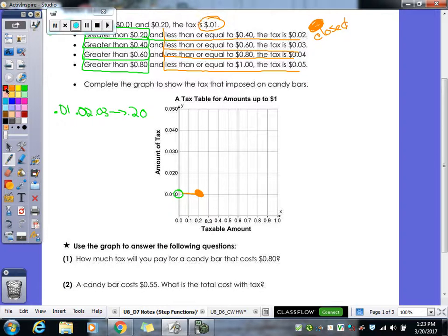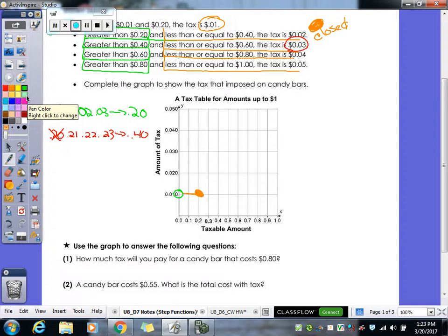The next one, greater than 20 cents, so that means 20 cents, 21 cents, 22 cents, 23 cents. It's not including 20 because that's greater than 20 cents all the way up to 40 cents. Okay? So from 20 to 40 cents, we're paying a tax rate of 2 cents.